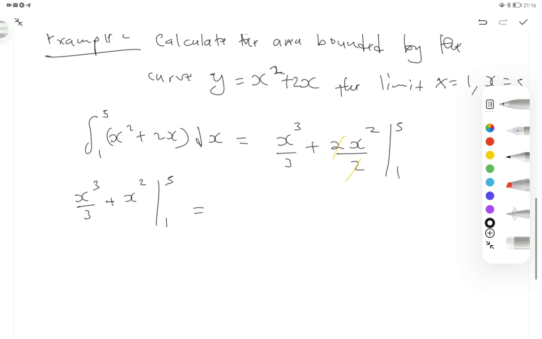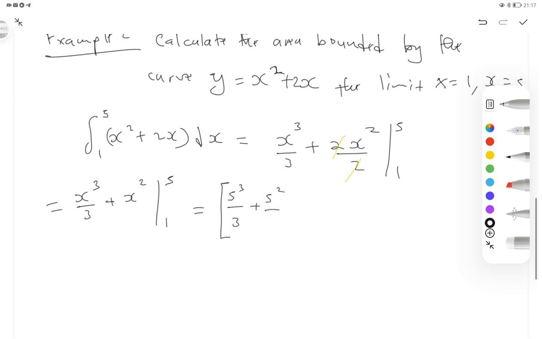So simplifying this one, we have two brackets. x now is 5, so it will be 5 power 3 divided by 3 plus 5 power 2.